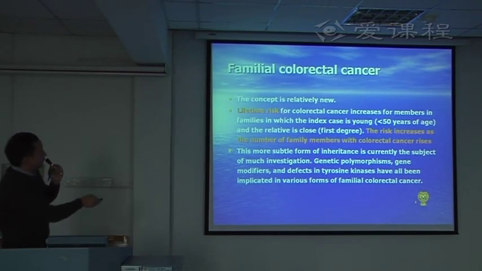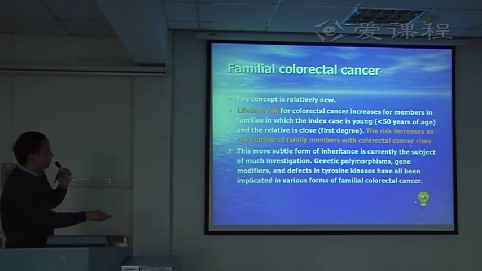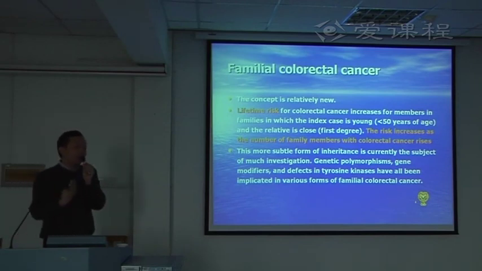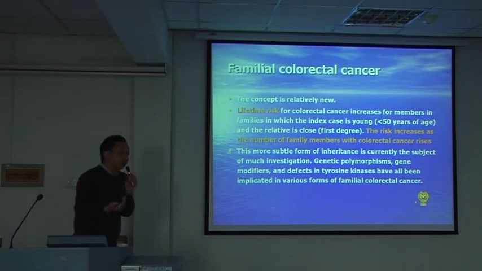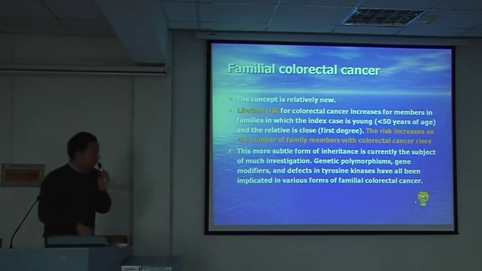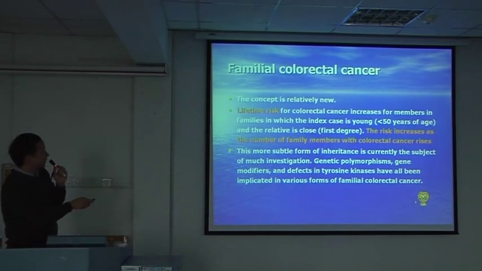It depends on the lifetime risk. The risk of cancer increases as the number of familial members with colorectal cancer rises. So this is called familial colorectal cancer. We have no risk rate yet, only know that we have familial colorectal cancer. Okay, this is a new concept.